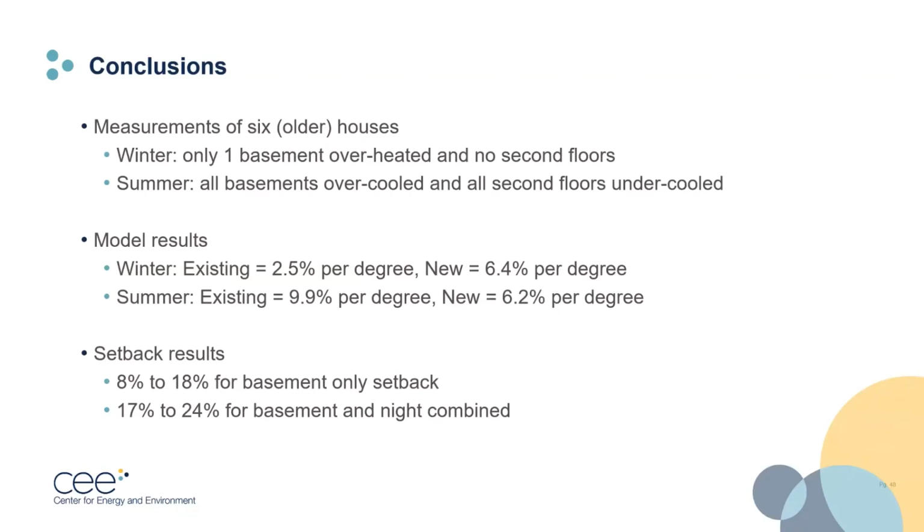We looked at different setback scenarios, and we found that setting back only the basement temperature produced heating savings of 8 to 18%, and that we could combine that with a nighttime setback and produce 17% to 24% savings. And we also looked at savings of setbacks for cooling energy, and that information is in the final report.